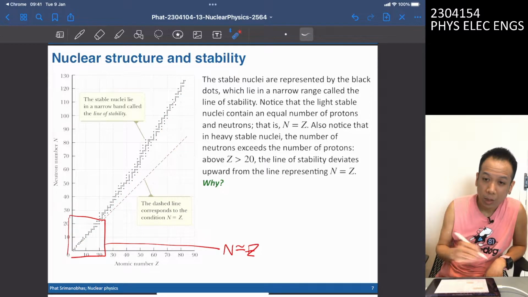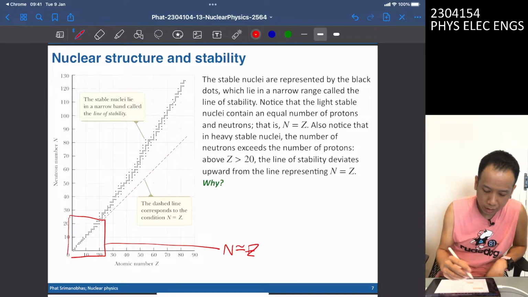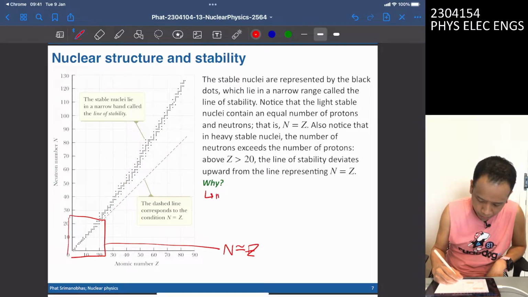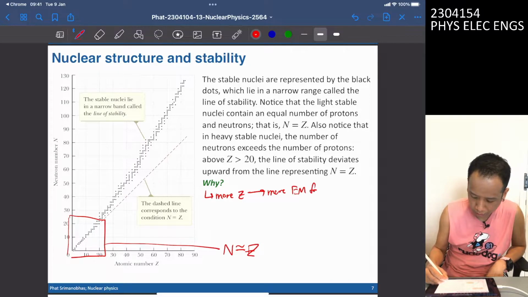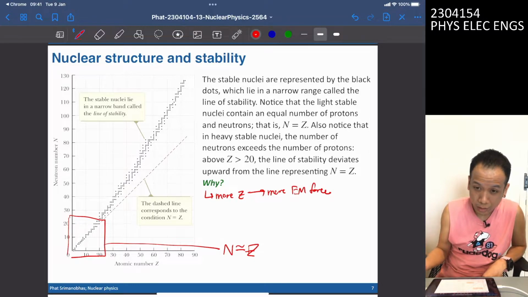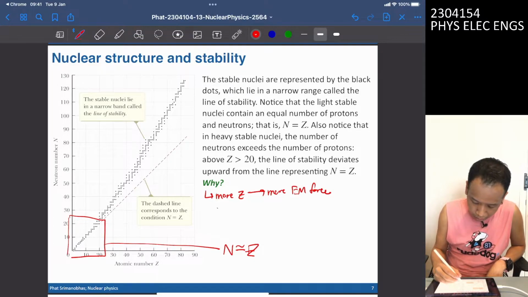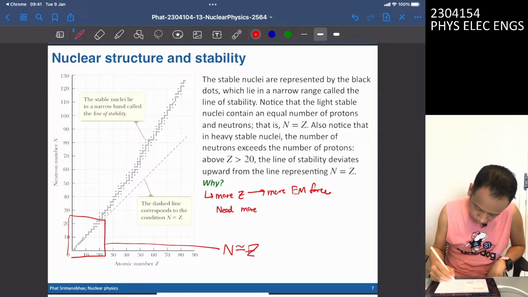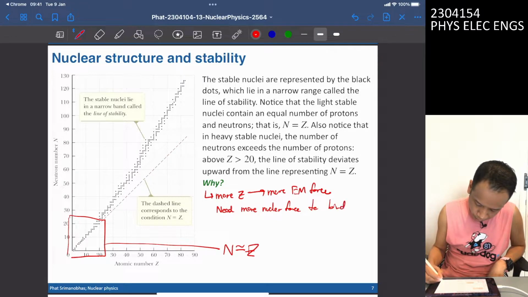Okay, why do you need more neutrons? Because if you have more Z, it means you have more electromagnetic force. So when you have more electromagnetic force, you need more nuclear force to bind the nucleus.